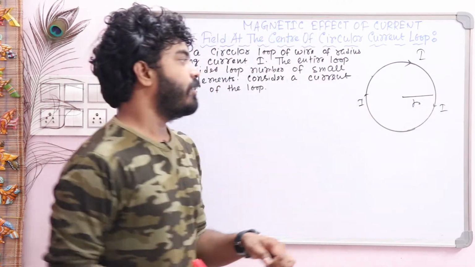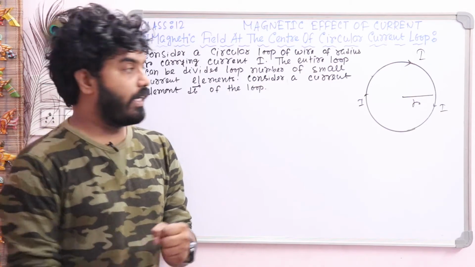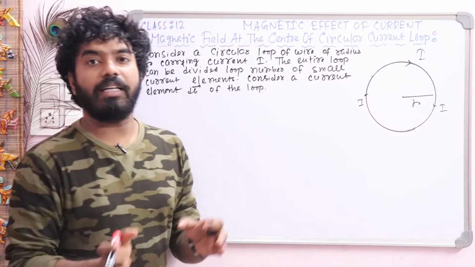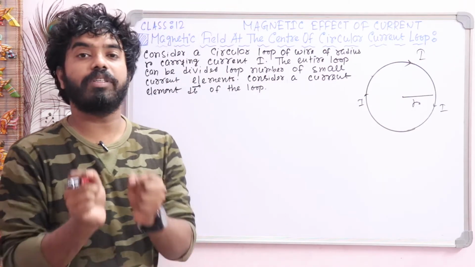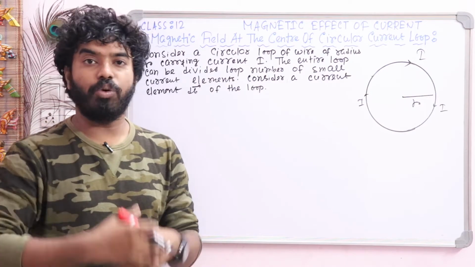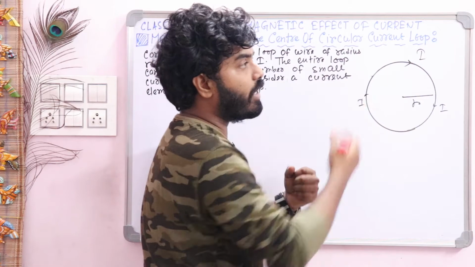Okay. So first of all, for finding magnetic field at the center of this circle, at first you have to find the magnetic field due to a small current element. Then we will find out the total for the total circular wire.